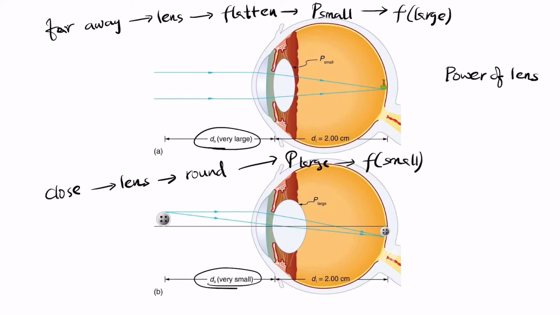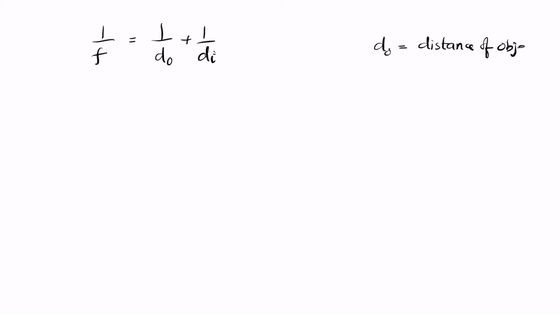So let's take an example and see how it does that. What is the range of the power of the lens? If you take the general equation, 1 by f is equal to 1 by d naught plus 1 by di. Remember that d naught is the distance of the object from the lens.